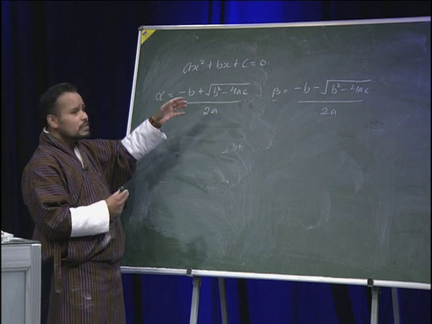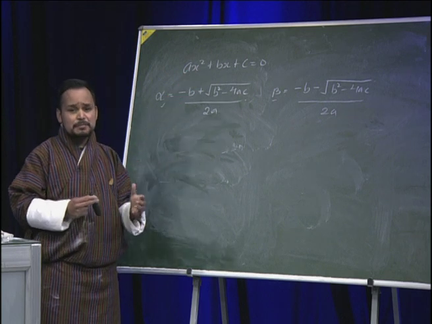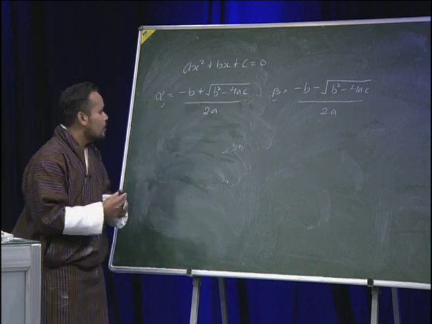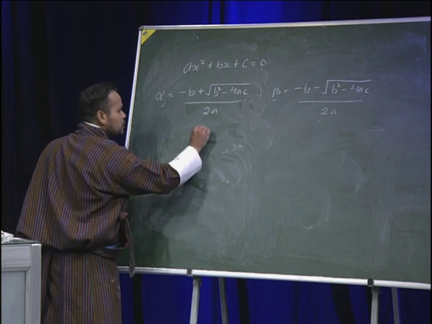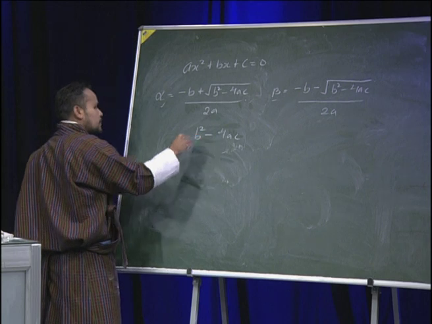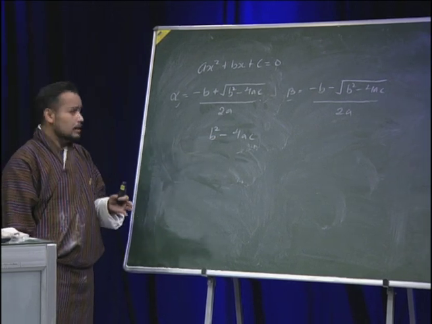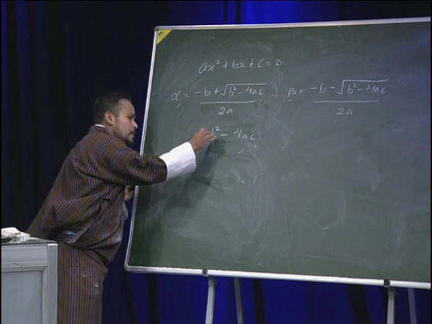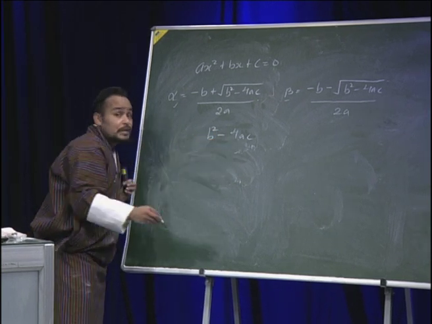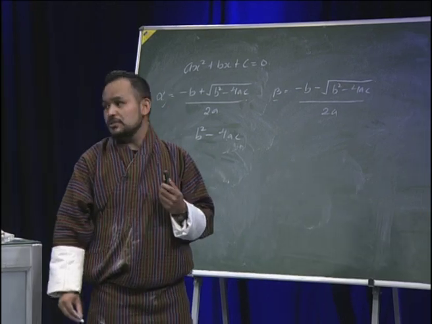The nature of the roots is examined by calculating the value of b square minus 4ac. This value is called the discriminant of the quadratic equation. This value of b square minus 4ac will determine the nature of roots of the quadratic equation.